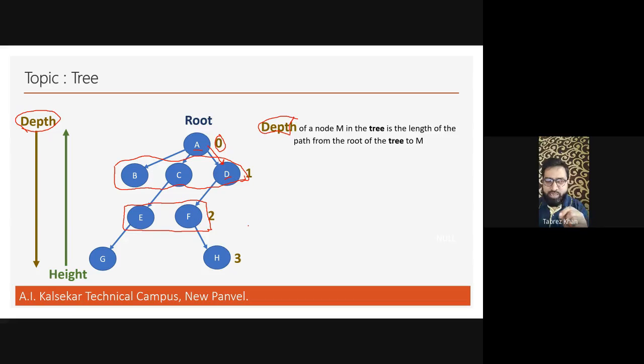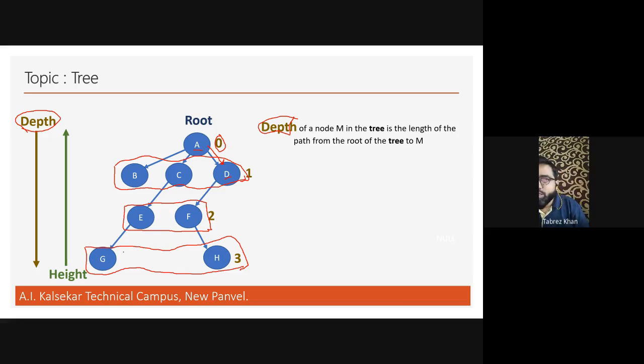E and F have the depth of 2. In the same way, the depth of G and H are the same, and the depth is 3 because they are at the same level.